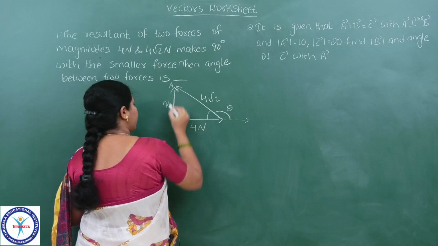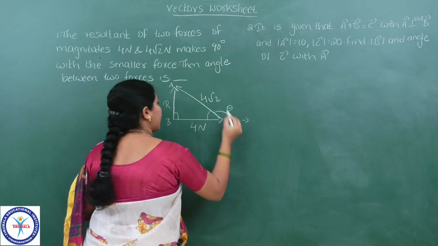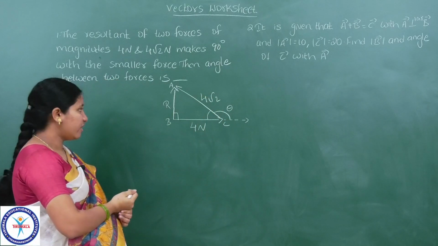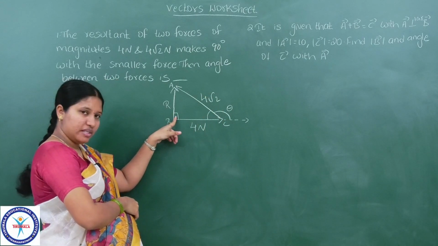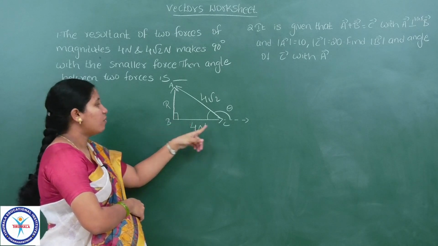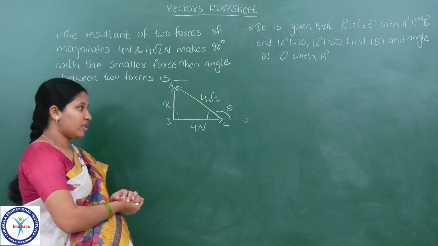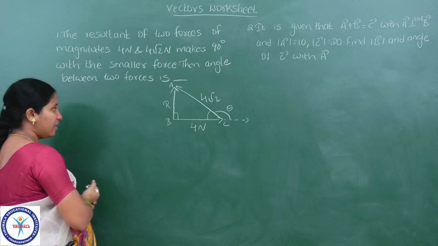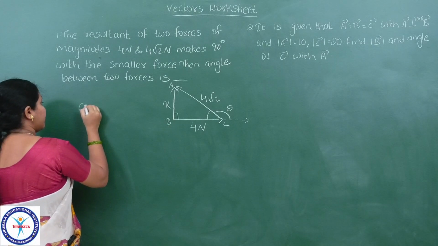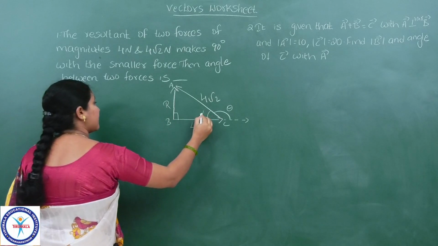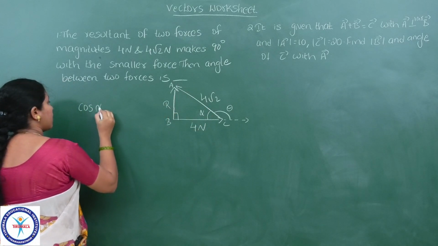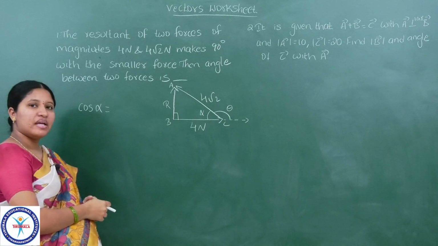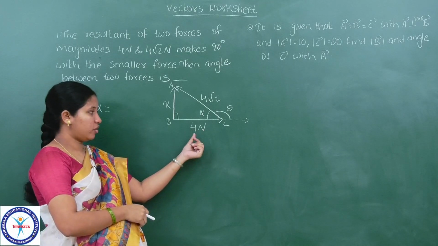So if I give the name ABC to this triangle, we already know that angle B is 90 degrees. So what will be the angle C? Let us find out first. As it is a right angle triangle, I am defining cos, let this angle be alpha. So cos alpha is equal to adjacent side by hypotenuse.